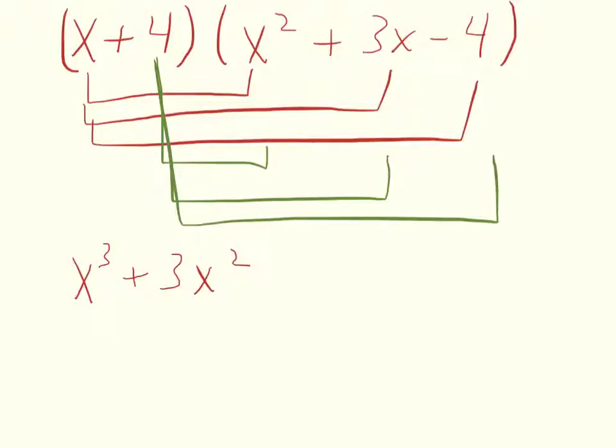And then the x gets multiplied by the negative 4, producing negative 4x. Now we move over to the 4, and it gets multiplied by each term of the second polynomial, as marked by the green lines. So 4x squared and then 4 times 3x, that's 12x, and then 4 times negative 4, which is negative 16.